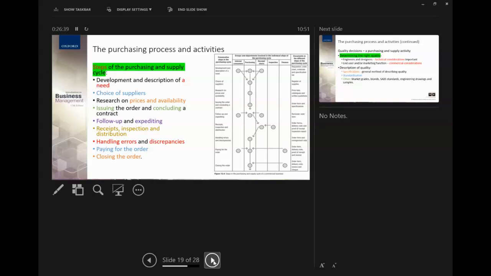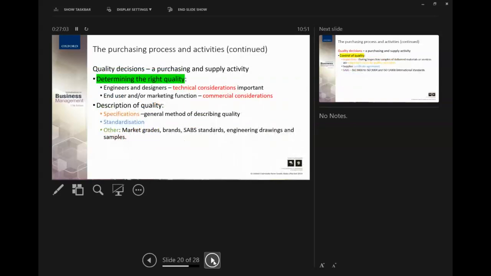If more money was spent than should have been, or less, or if there are discrepancies in the quality or quantity delivered. Then paying for the order, which they need to oversee as well. And then closing the order. Those are the steps.